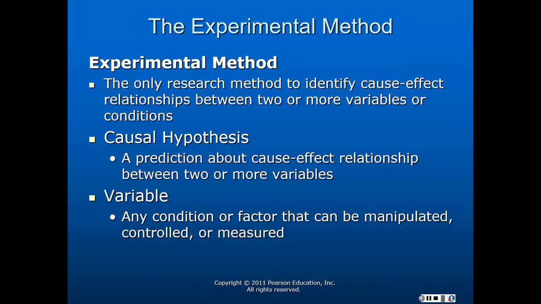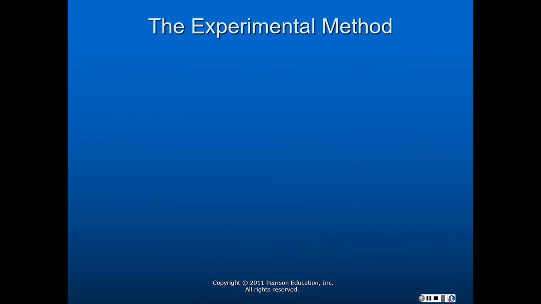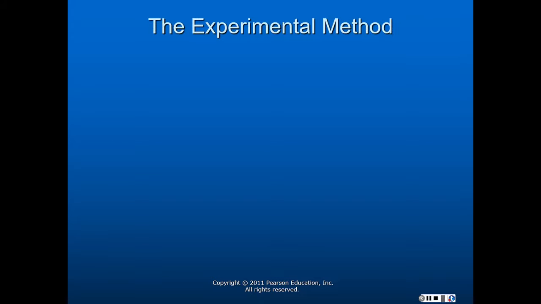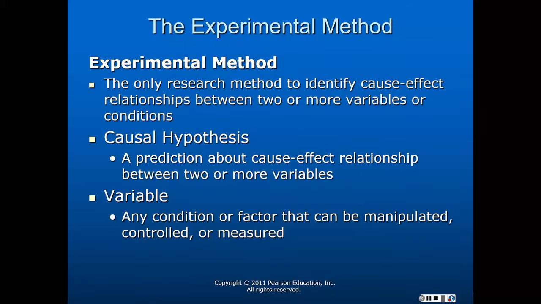Now we're moving to an experiment. It's really important to remember that an experimental research method allows us to understand cause and effect between two or more variables or conditions.